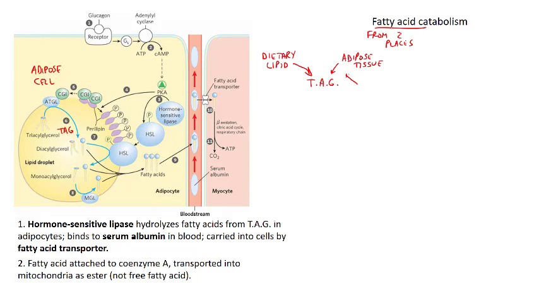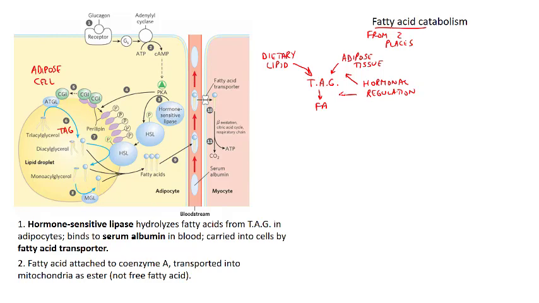So we're going to talk for a moment about how triacylglycerols are broken down into fatty acids. This process is under hormonal control. That's a difference between fatty acid breakdown and glucose breakdown. Glucose can be broken down essentially any time that the cell needs it, as long as there's glucose present in the bloodstream.